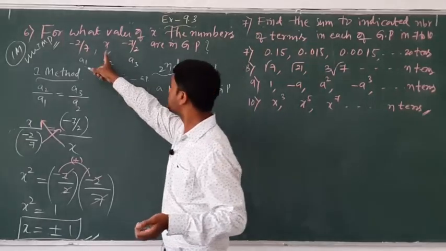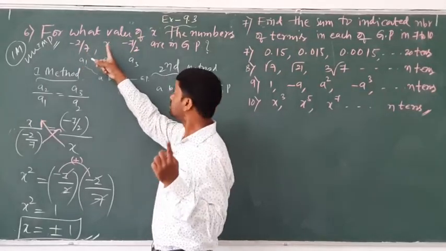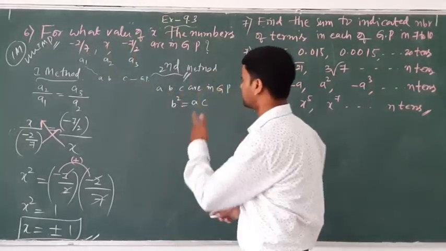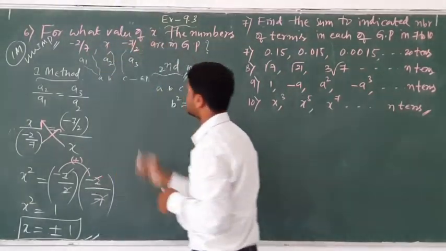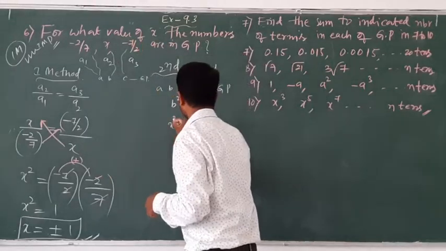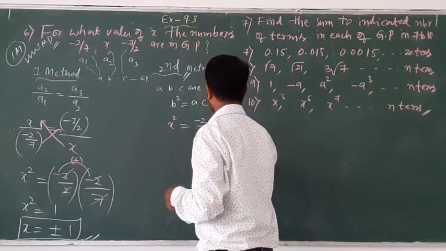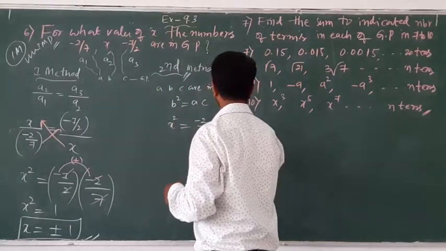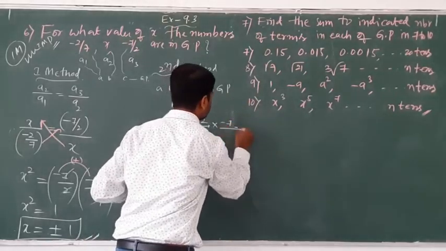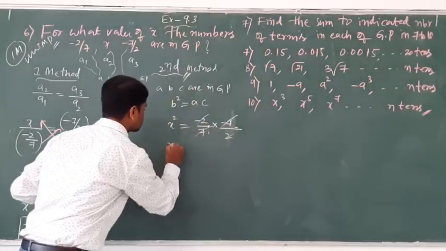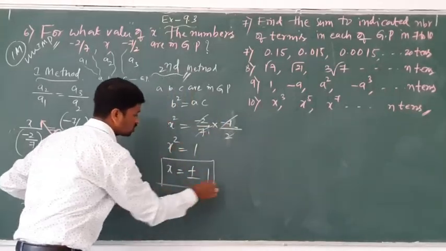Here A is minus 2 by 7, B is x, C is minus 7 by 2. Therefore x square is equal to minus 2 by 7 into minus 7 divided by 2. Both get cancelled. X square is equal to 1. Therefore x is equal to how much? Plus or minus 1.